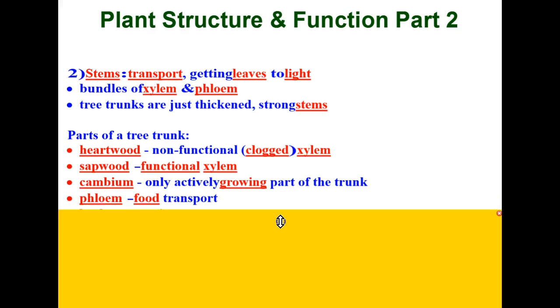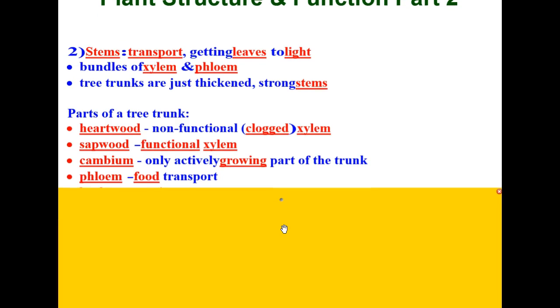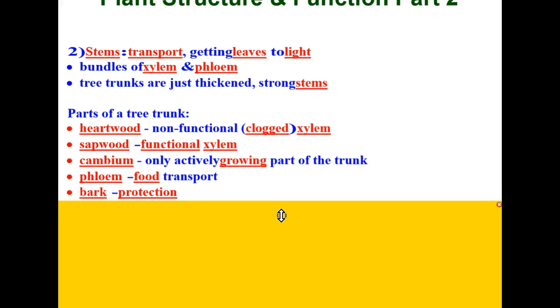We have the phloem, which is responsible for food transport. So you remember again, xylem is responsible for transporting water, phloem is responsible for transporting food, in other words, glucose. And then there's the bark on the outside, of course, which is responsible for protection.